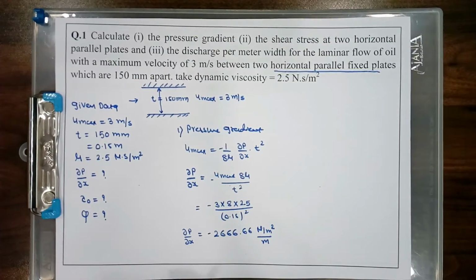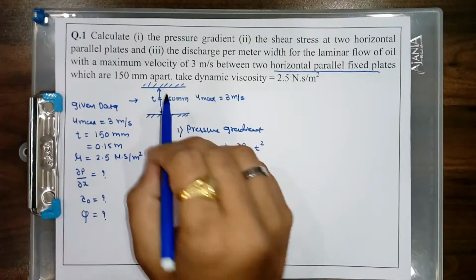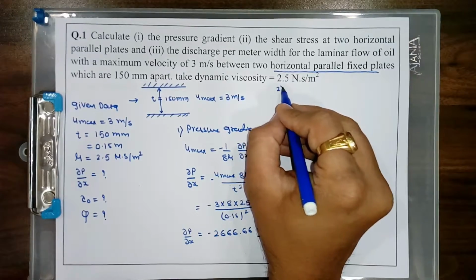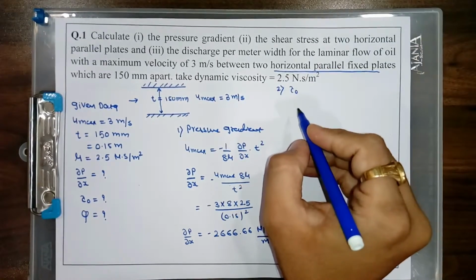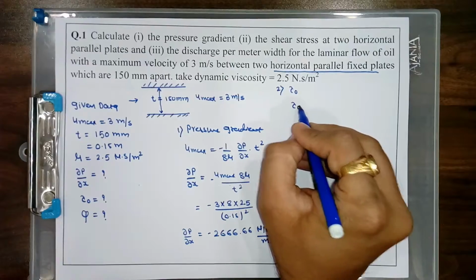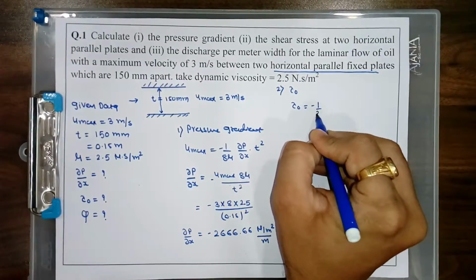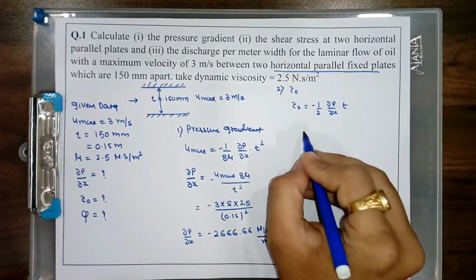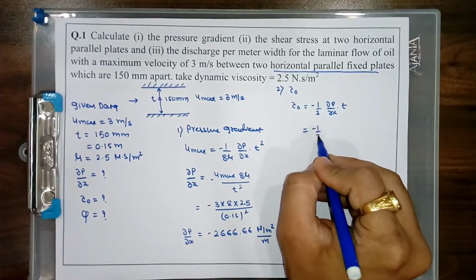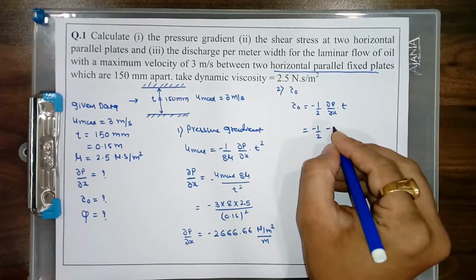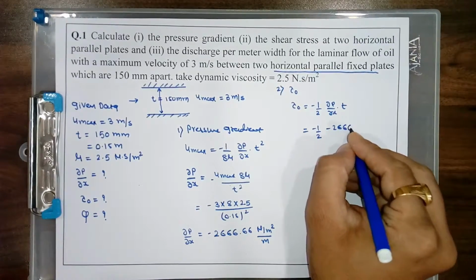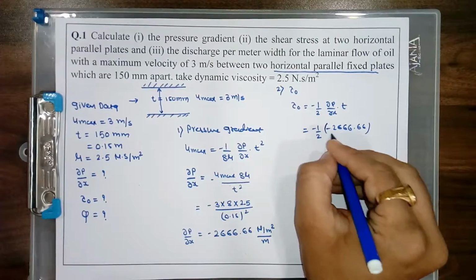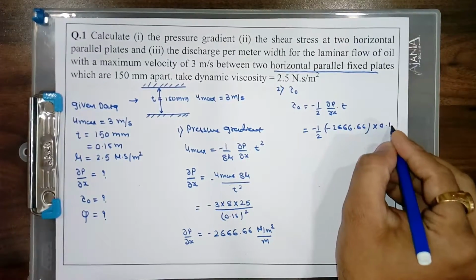Now students, after finding out the value of the pressure gradient, we are going to calculate the shear stress value at y equals T, means at the wall. So we are going to find tau naught. We know the formula, tau naught equals minus 1 by 2 del P by del X into T. We have the value of del P by del X, which is minus 2666.66, into the value of T, 0.15.